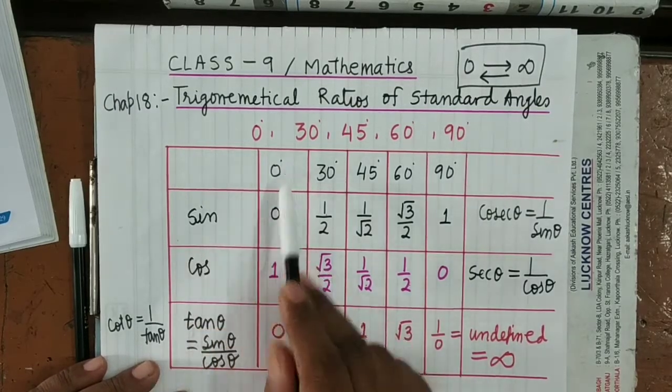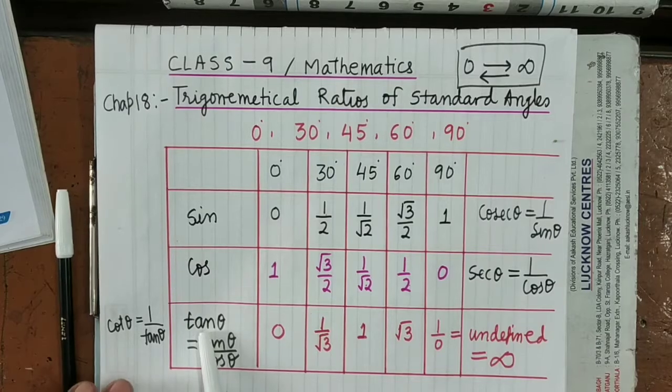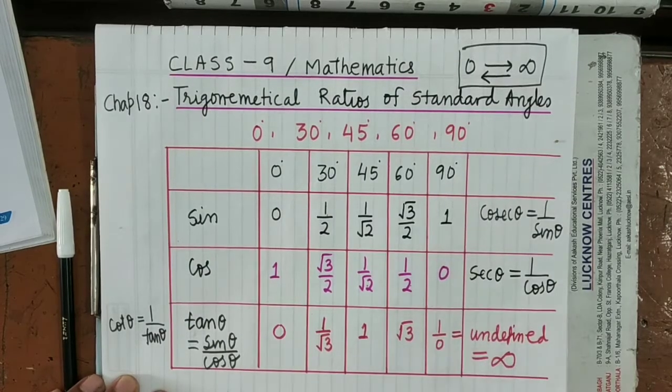So cosec 0 degree is infinity. Now what is cot 90 degree? It is the reciprocal of tan. Tan 90 degree is infinity, therefore cot 90 degree will be 0. In this way you can memorize these values.